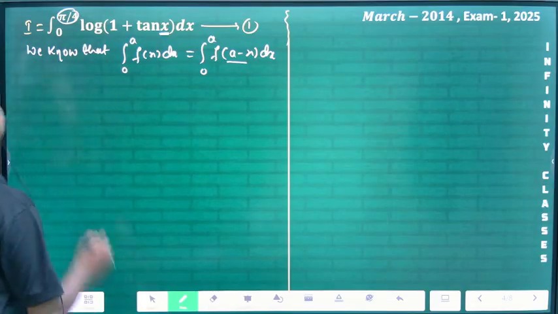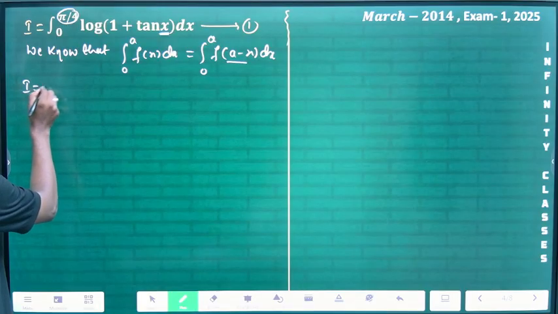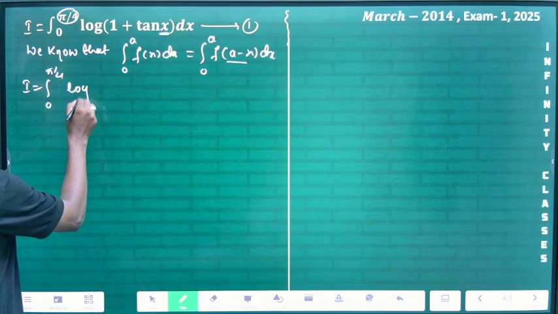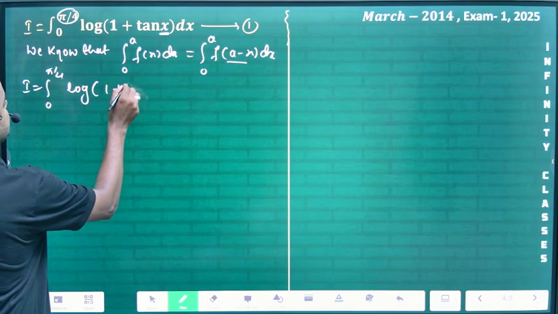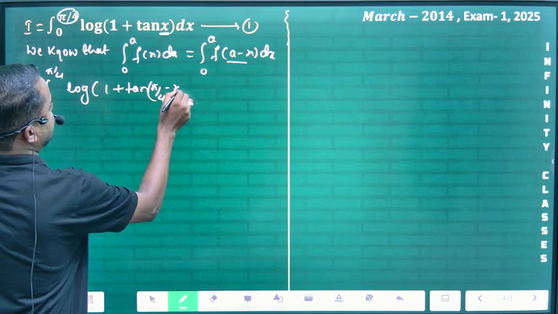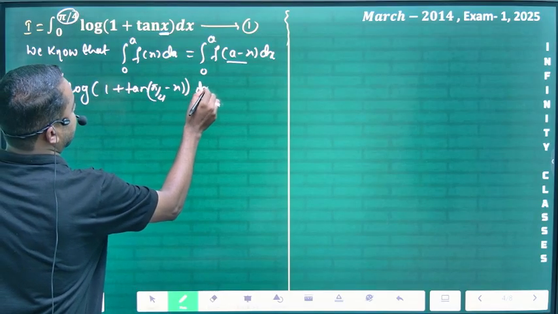That is, I is equal to integration of 0 to 5 by 4 log of 1 plus tan of 5 by 4 minus x dx.